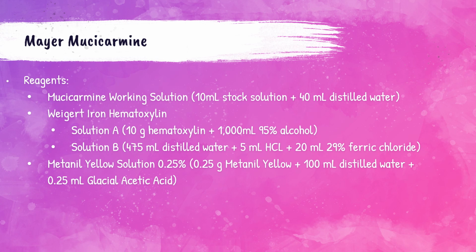Now, equal parts of solution A and solution B need to be mixed to create the Weigert iron hematoxylin. Then there is a 0.25% metanil yellow solution. This is prepared by combining 0.25 grams of metanil yellow, 100 milliliters of distilled water, and 0.25 milliliters of glacial acetic acid.